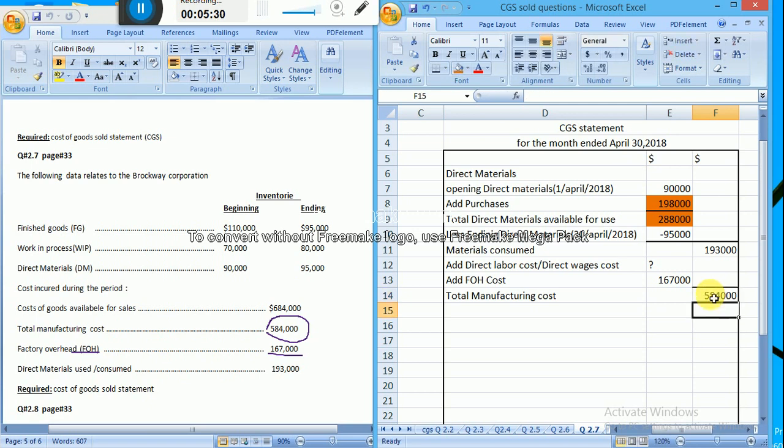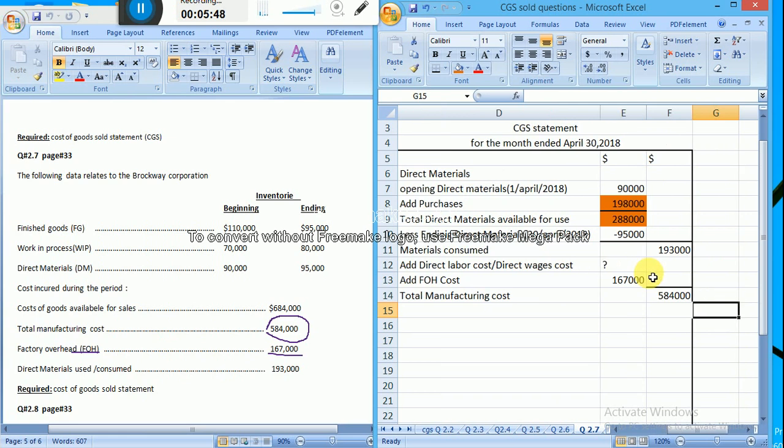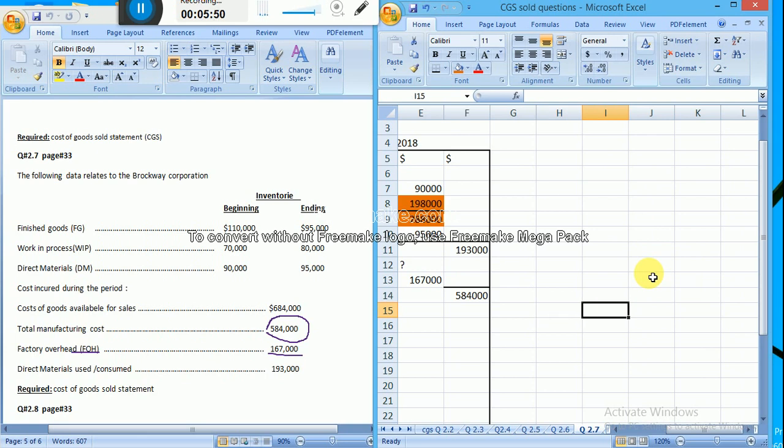Now we can easily find the missing item. Two amounts are given here, clear? So easily we can find the third missing amount. For this I will do some additional calculation here.